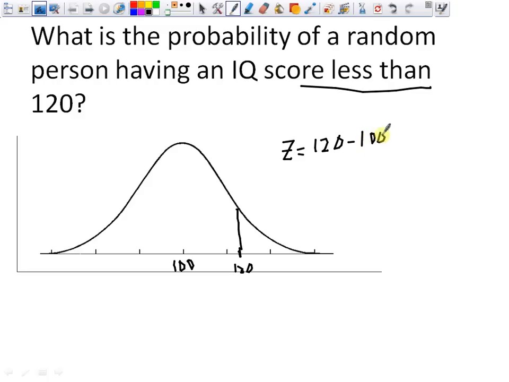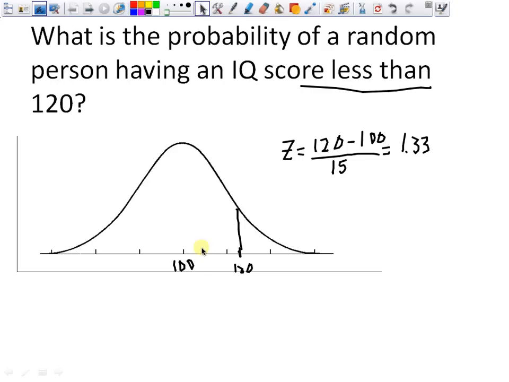Since a standard deviation is 15, we divide 20 by 15 to get how many standard deviations above the mean it is. That's 4/3, which is 1.33 to two decimal places.